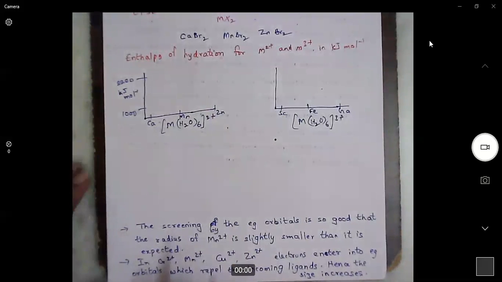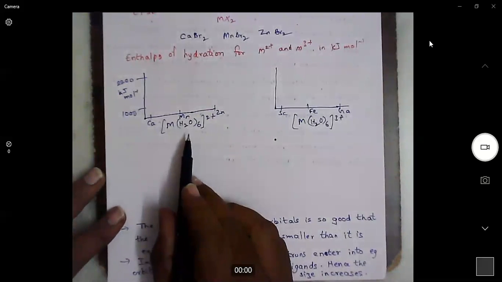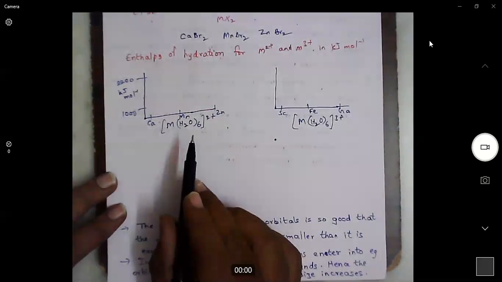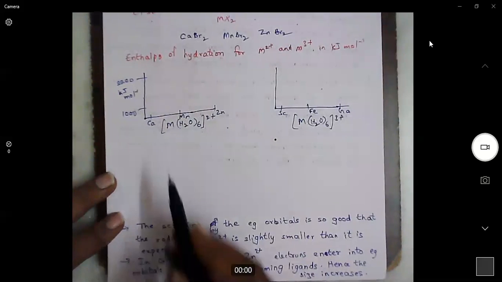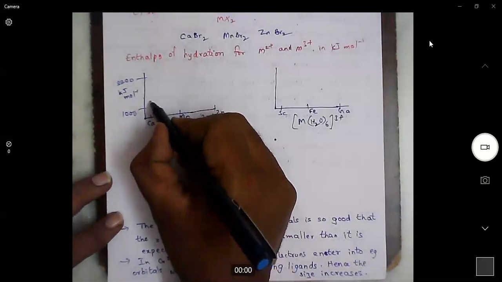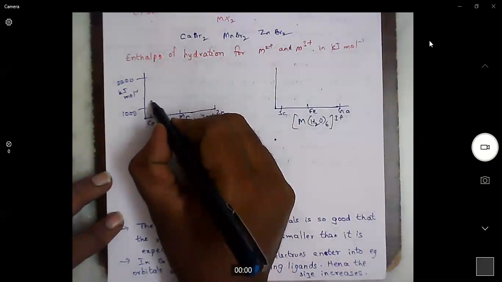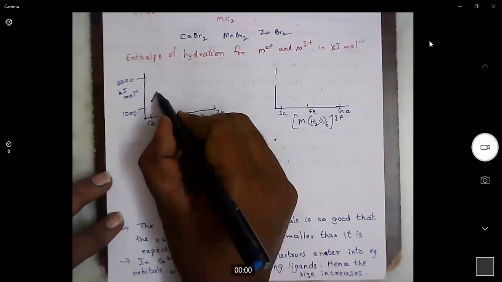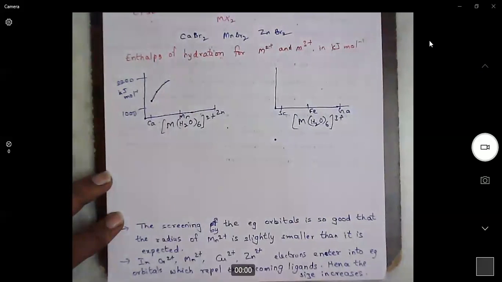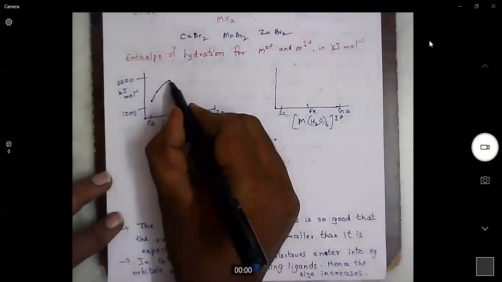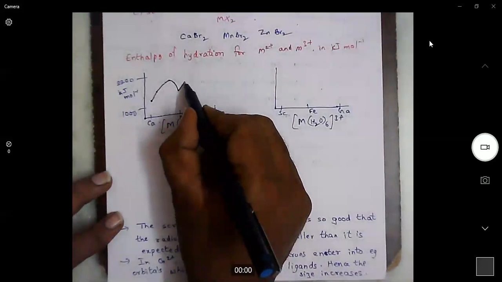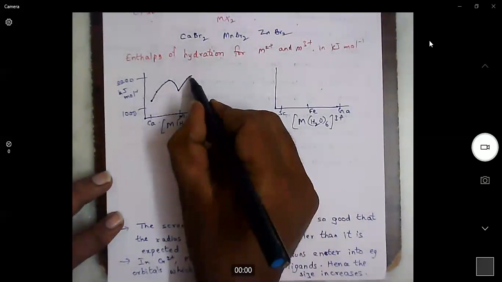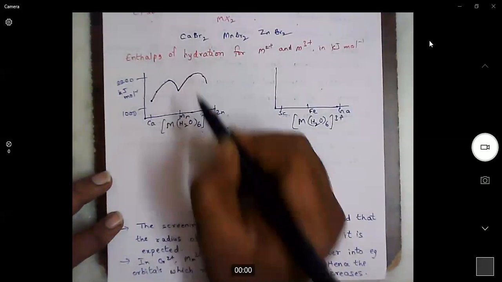As I said, the enthalpy of hydration for these complexes will follow a similar trend as we have discussed for the CFSE of dihalide complexes. So here also calcium will have low enthalpy of hydration, then scandium, titanium, vanadium, up to vanadium it will increase, then for chromium and manganese it will come down, then iron, cobalt, nickel, it will increase, then copper, zinc, it will decrease.